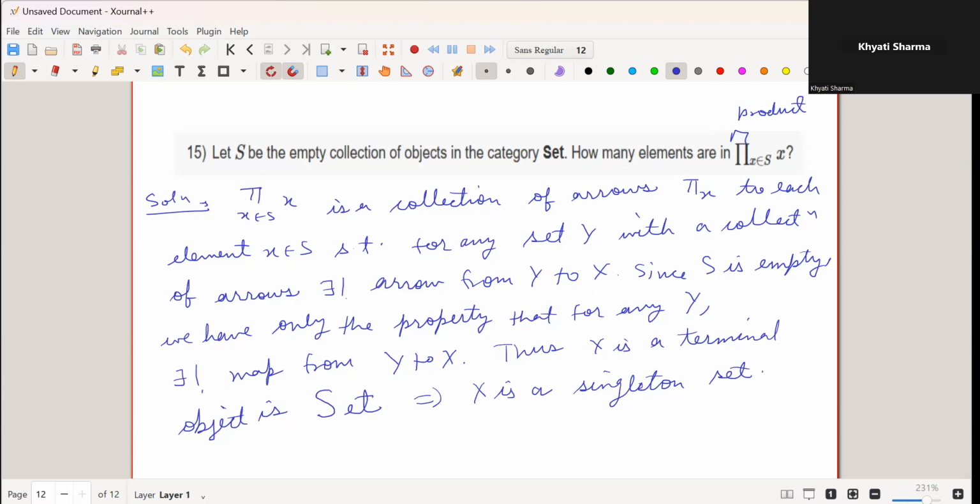Okay, so these are the only sets which have a single arrow from each and every object of the category of sets. And what are the objects in the category of sets? They are the sets. So these are the only sets which have single arrows from every other set.